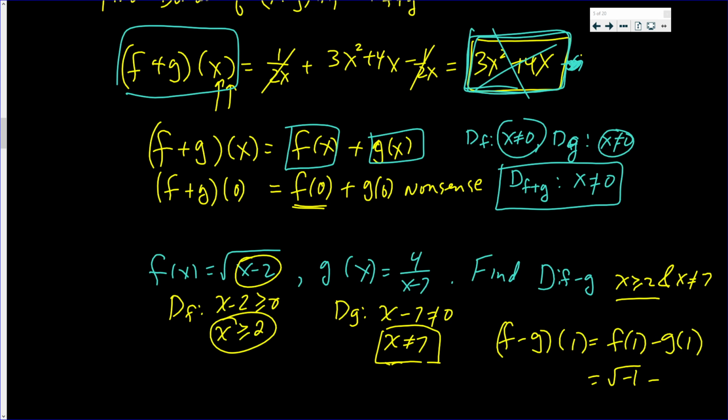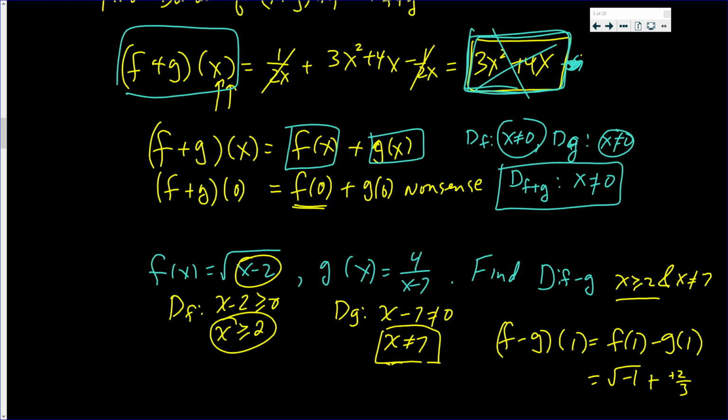Maybe g of 1 I can figure out. I guess it's negative 2/3, I think. Okay, so it'll be the square root of negative 1 plus 2/3. But this is nonsense. You can't take the square root of negative 1.